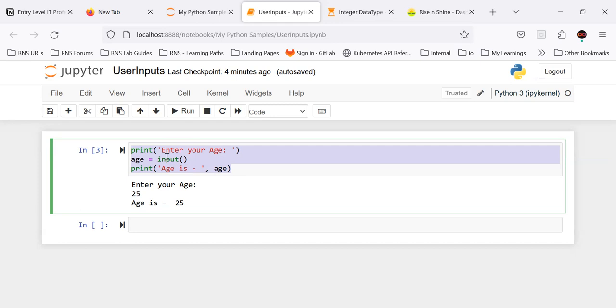Suppose for the same task, another developer completes it within only 10 lines. But which one is optimized? 10 lines of code or 15 lines of code? Suppose I have implemented it with 15 lines, and the other developer, same functionality, has implemented it with 10 lines. So which code is optimized? Is it developer 1 or developer 2?